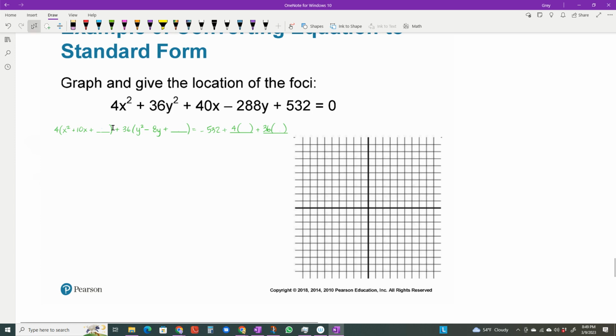So to complete the square, you take half of your linear term. That's the one without the exponent. I take half of 10, which of course is 5, and then I square it. 5 squared is 25. Then I'm going to take half of 8. Half of 8 is 4, and I'm going to square it. And 4 squared is 16.